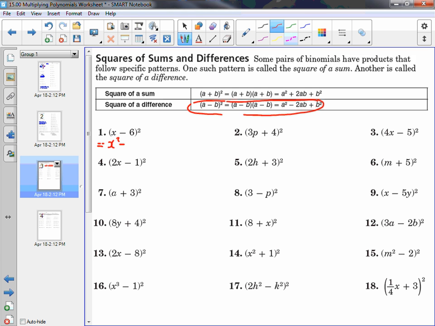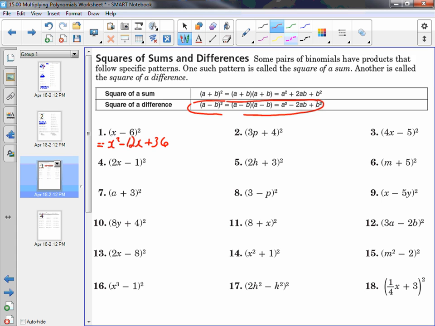Well, what is 2 times x times 6? 12x. Plus, it's always plus. The second term squared. What's 6 squared? And there, we made that a one-step problem by knowing how it always works out.